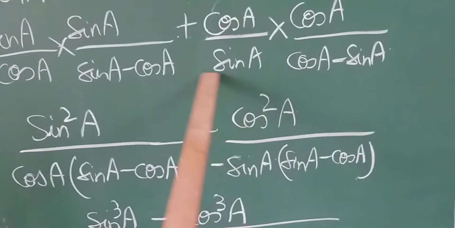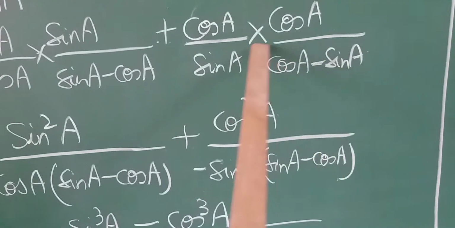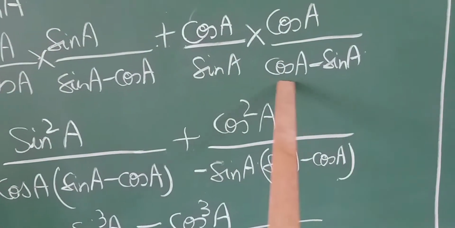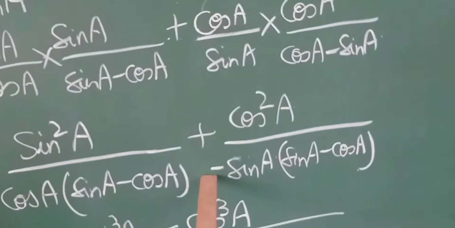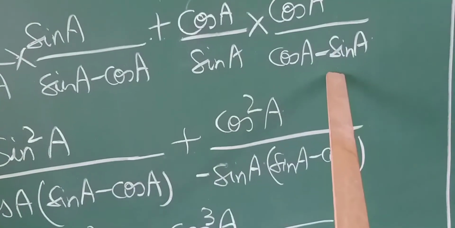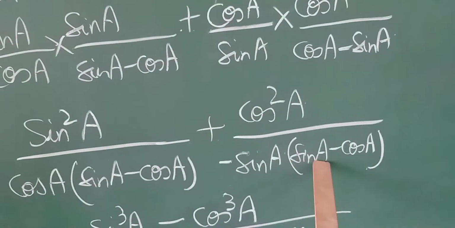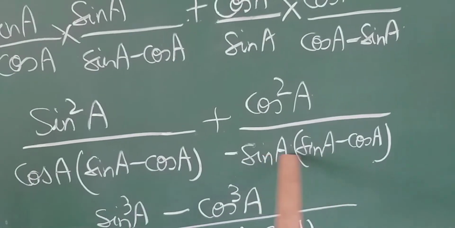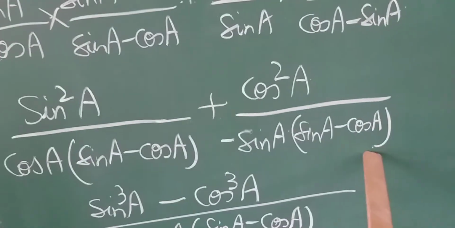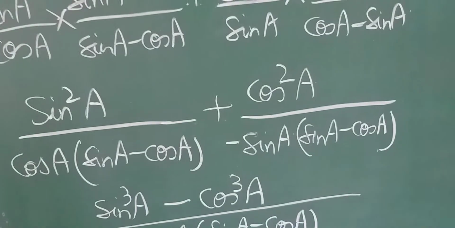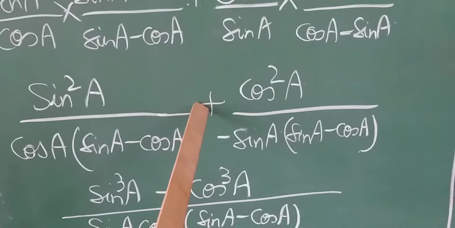When we take minus 1 common, then it will be sin A minus cos A. Sign will be changed. So I have taken minus common here. So we can write this part as sin A minus cos A, so that this side sin A minus cos A and this side sin A minus cos A both will be same. Correct? So plus minus will be there.